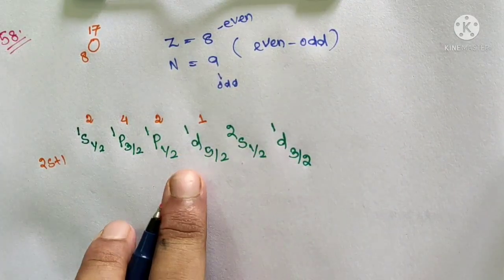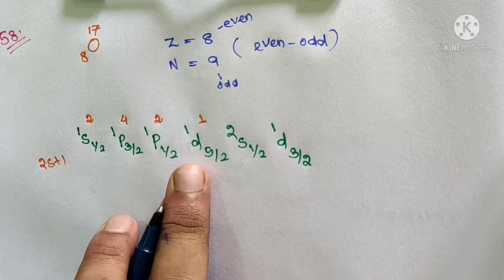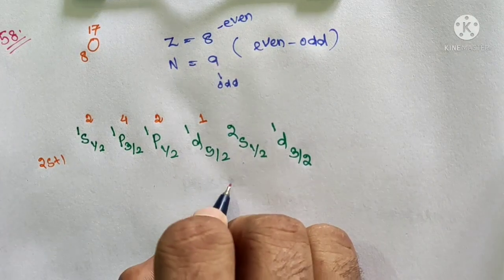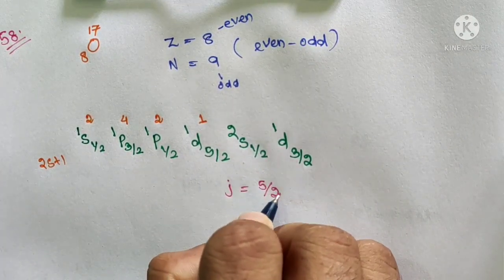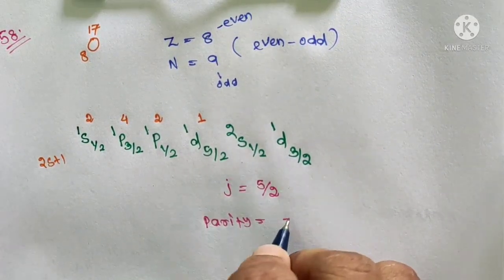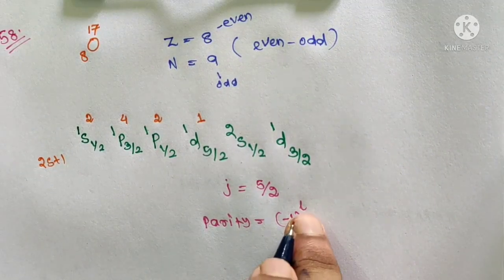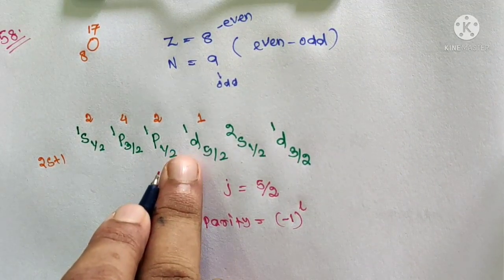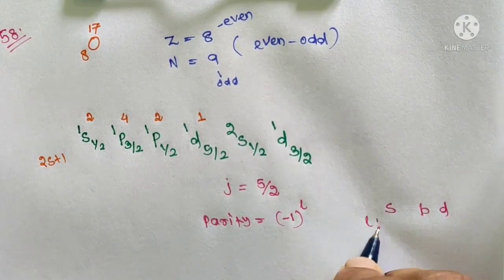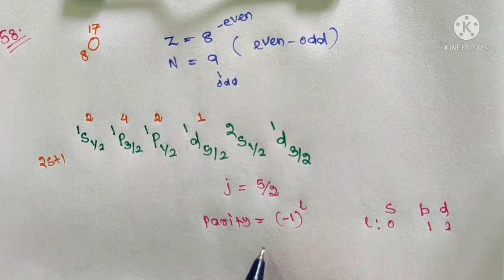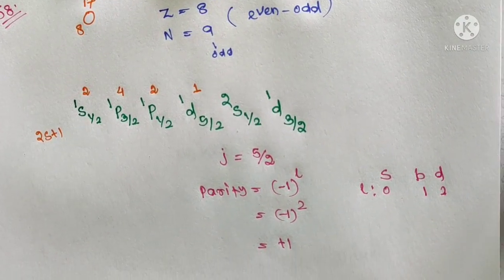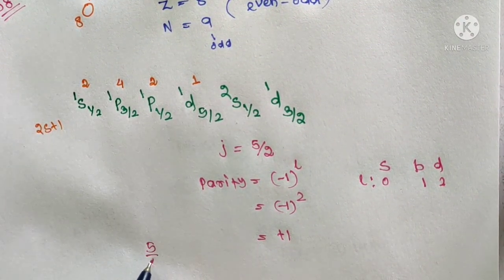So the last unpaired neutron is going to this d subshell, and here it is 5 by 2, so our angular momentum J equals 5 by 2, and the parity is given by minus 1 to the power L, where L is for this subshell d. For s, p, d, L is 0, 1, 2, so for d it is 2, minus 1 to the power 2 is equal to plus 1. So our angular momentum and parity is 5 by 2 plus.